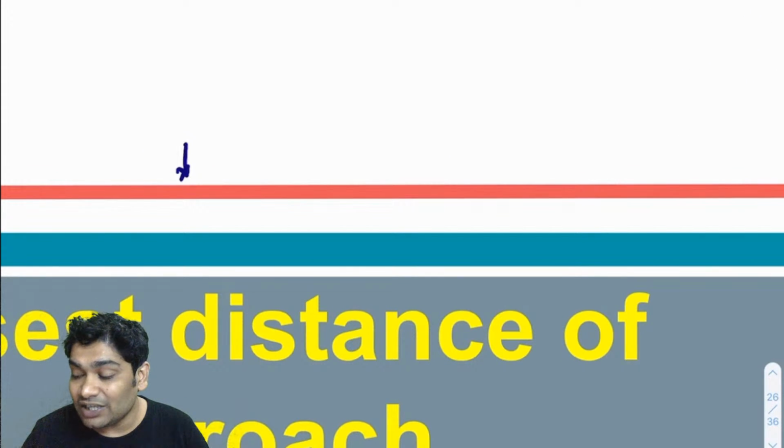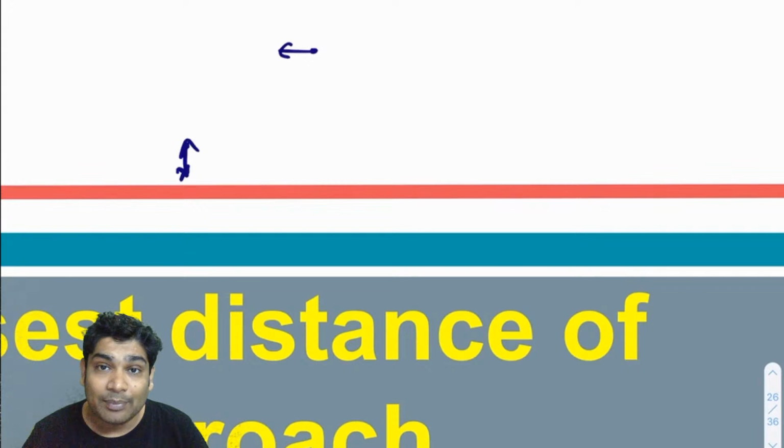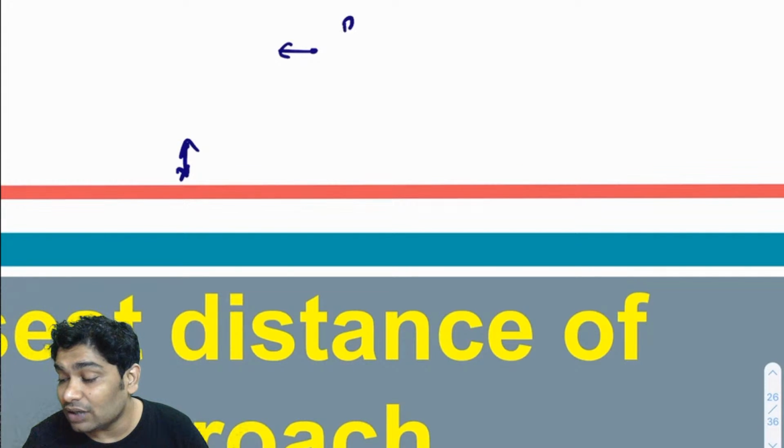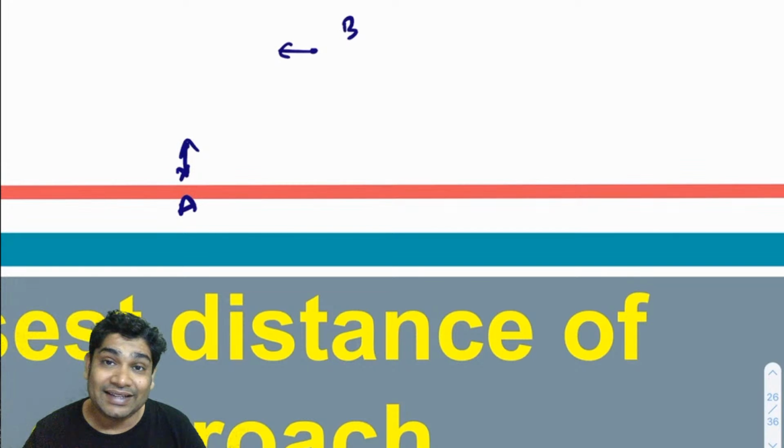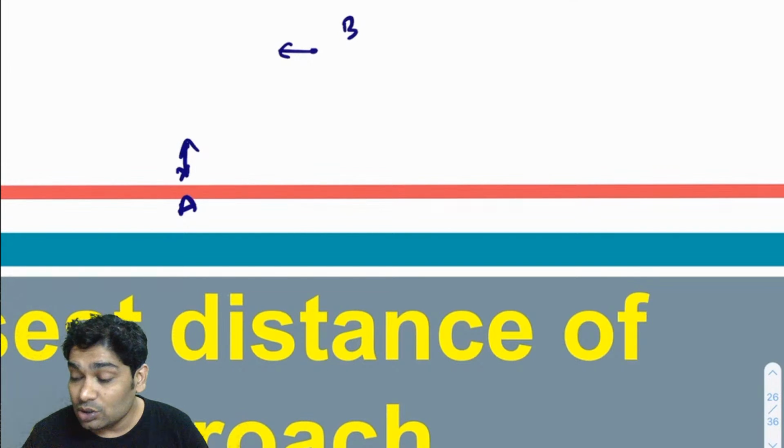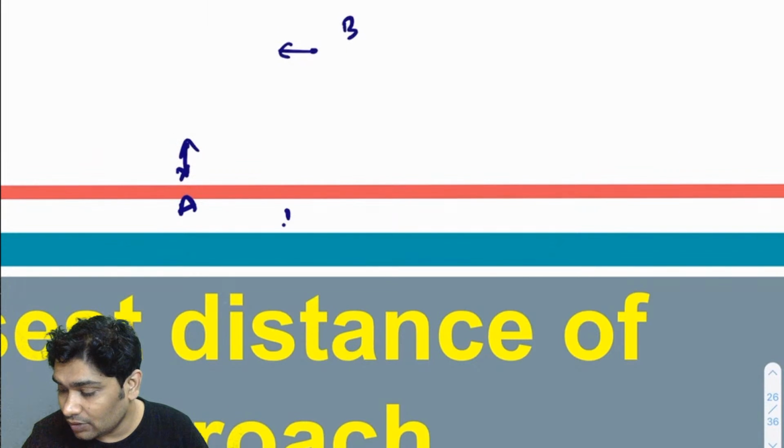So imagine this plane is moving like this, and this plane is moving like this. What happens if I see the motion of plane B in the reference frame of plane A? How does B appear?